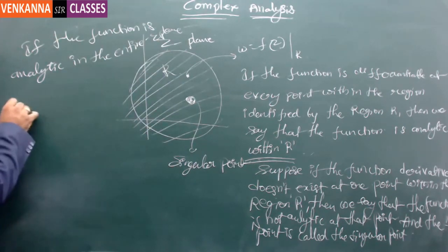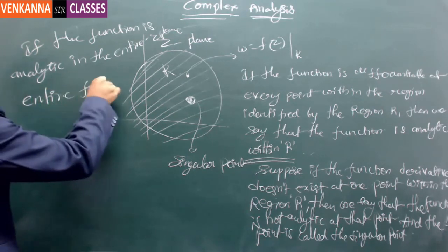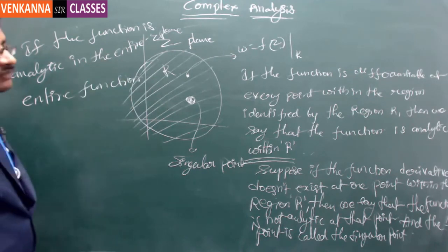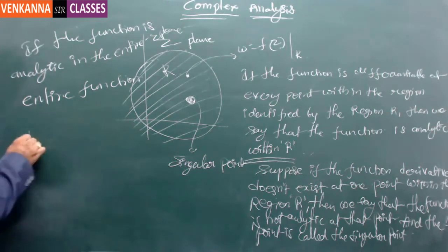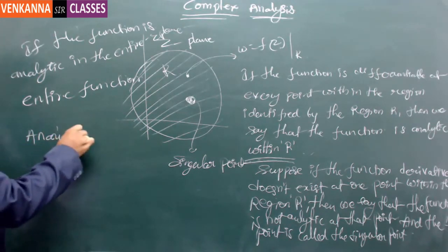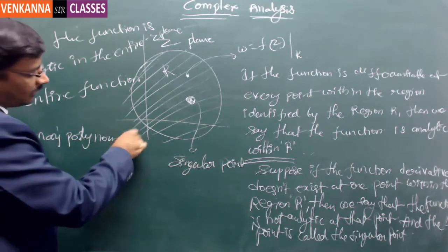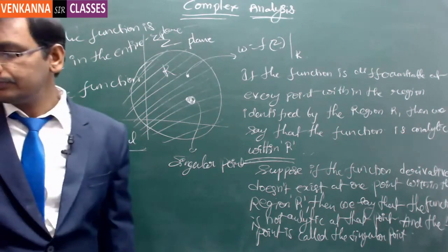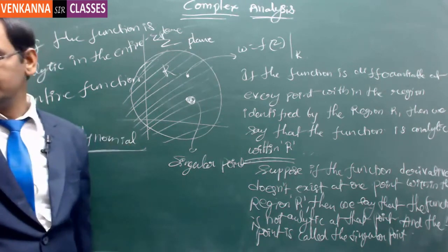Then we call this function an entire function. Entire function means the derivative exists for the function in the entire region of the Z plane. So for example, any polynomial is an entire function, because for any polynomial, the derivative exists at every point. Got it? So this is one example of an entire function.